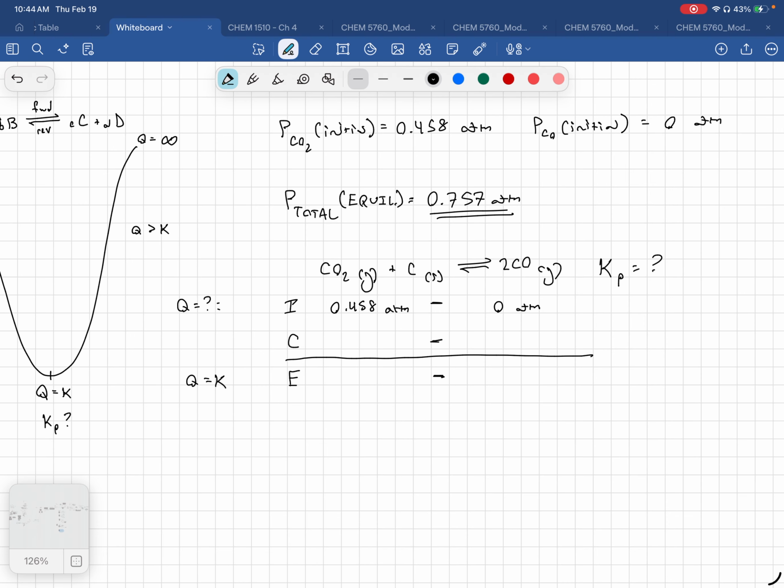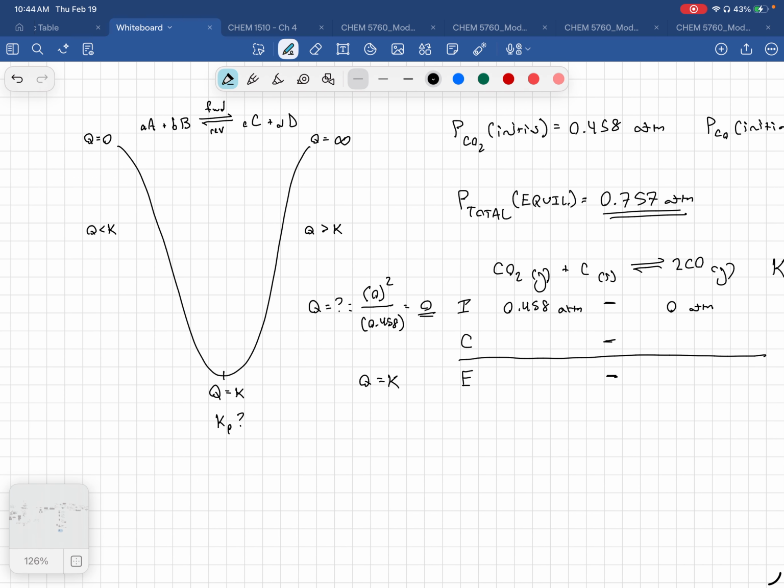And so if we set up that Q expression, it's going to be the initial pressure of CO, which is 0, squared, over the initial pressure of CO2, which is 0.458 to the first power. And note that that equals 0 again.